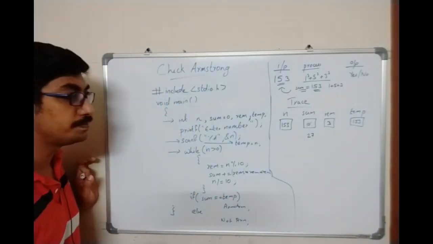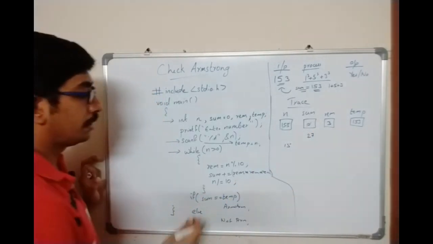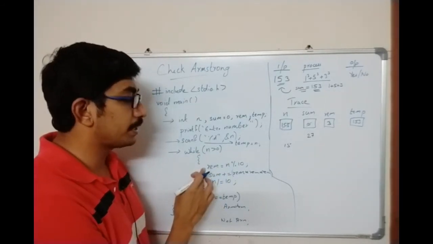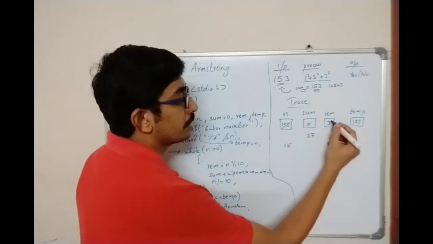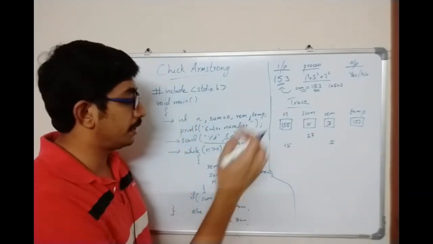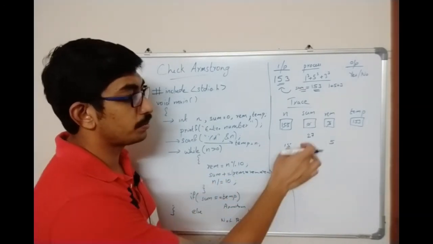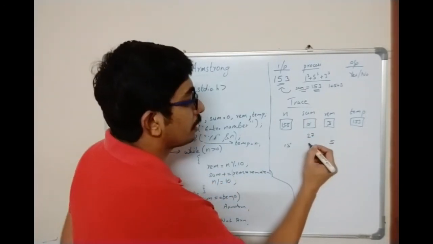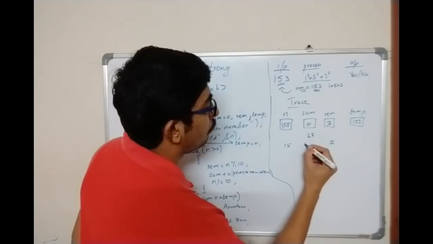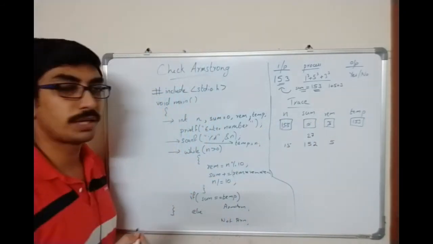Next n will become 15. Again 15 is greater than 0, the condition is true. Remainder will be 15 mod 10, so 5. Then sum is equal to 27 plus 125, which is 152. That is the result.